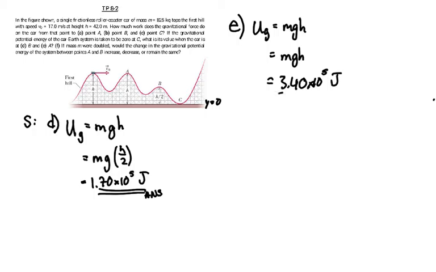Alright, and then part E, we're looking at the gravitational potential energy at point A, where our change in height is 1 full integer of h, or 42 meters. Just write it again. And again, not surprisingly, 3.4 times 10 to the 5th joules.